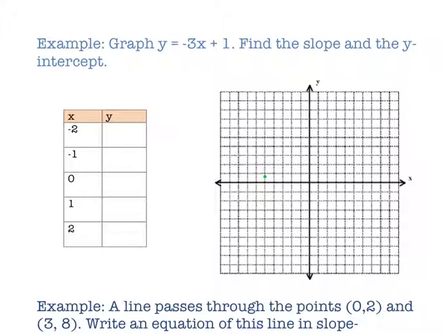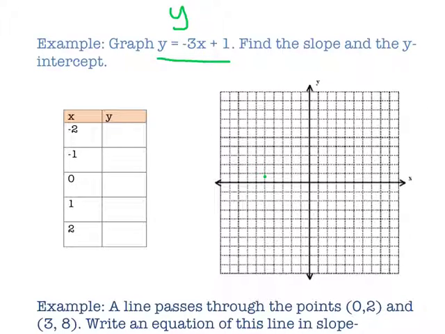And I have a blank table here, and you have the skills to fill that out, use that table, plot the points, and then connect those to make a line. But you don't need to do that. So the first thing that I want to point out is this equation is written in what we call slope-intercept form.